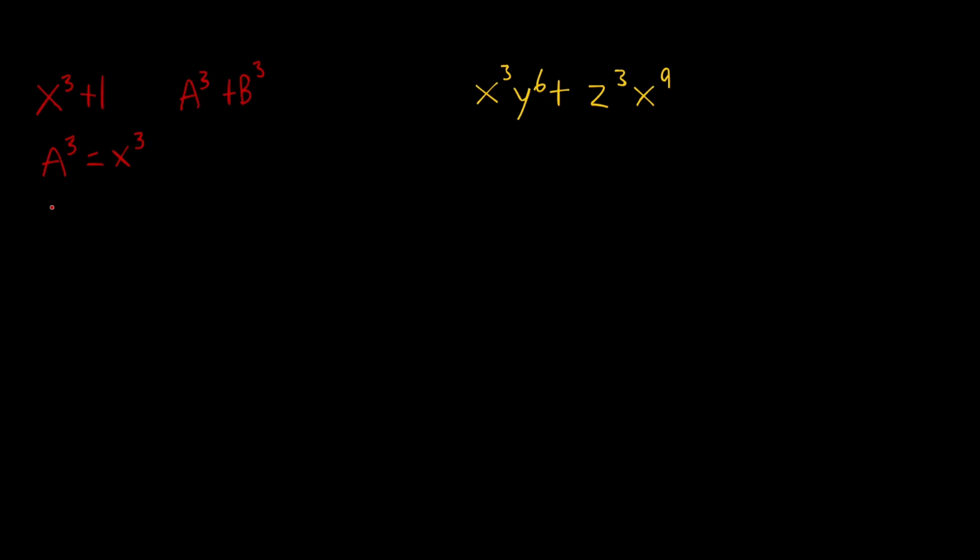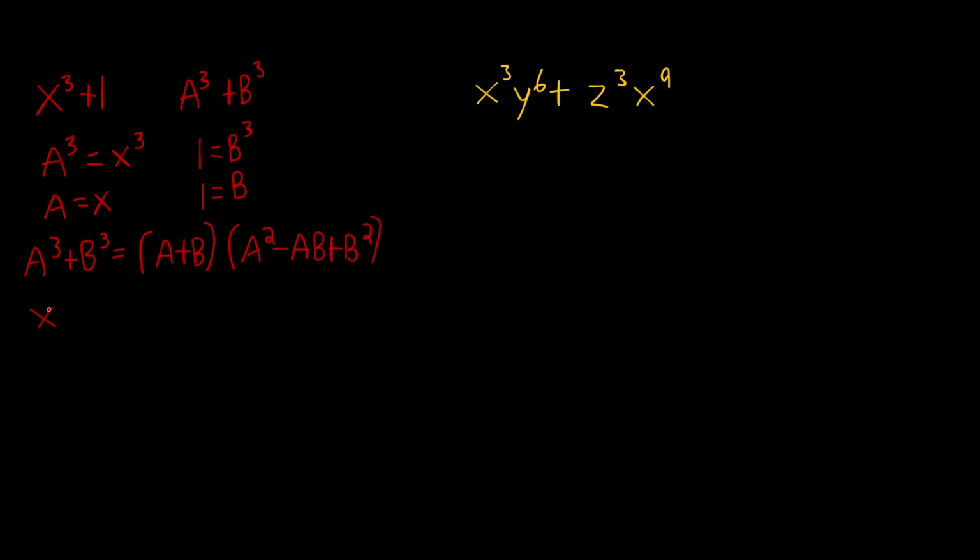We take the cube root of both sides, and that tells us that a has to equal x. And 1 can be b cubed. If we take the cube root of both sides, we just get that 1 is equal to b. So now to factor a cubed plus b cubed, remember that it's equal to a plus b, a squared minus ab plus b squared.